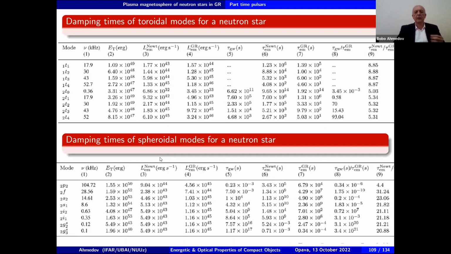Our calculations show that the damping times are comparable to what we have with the observations.